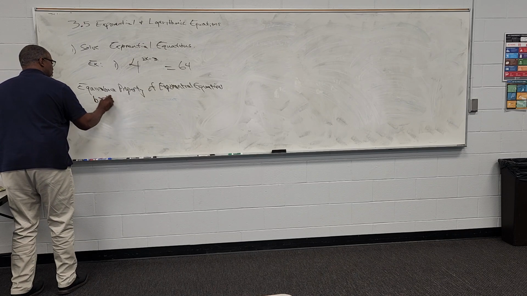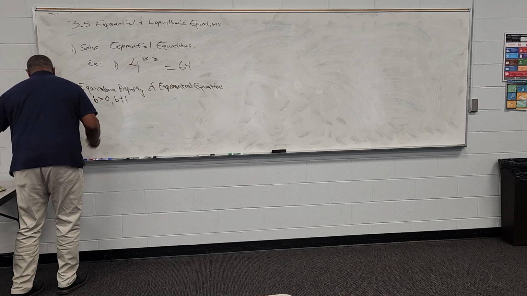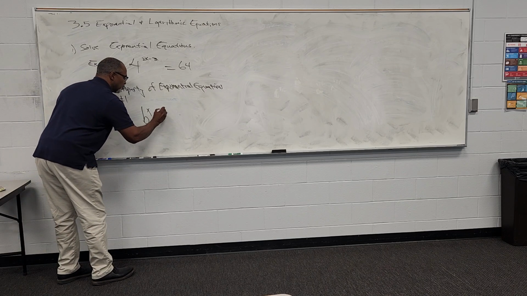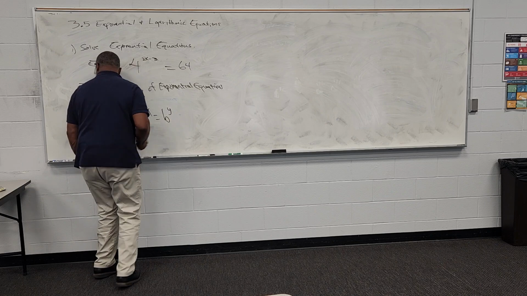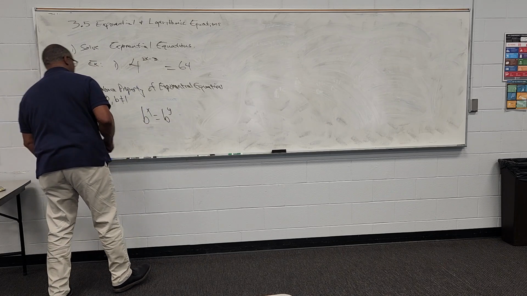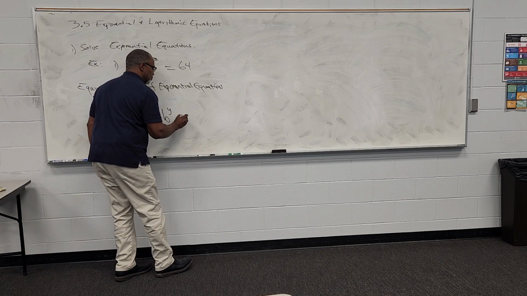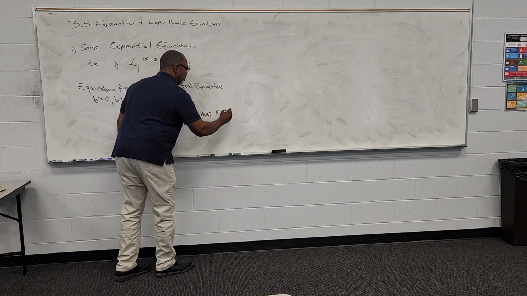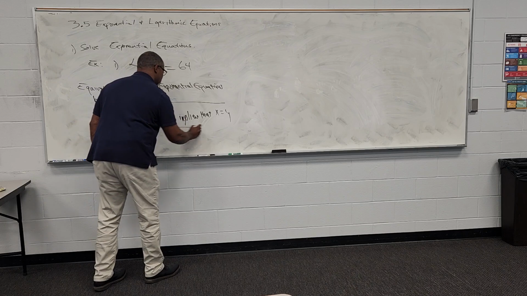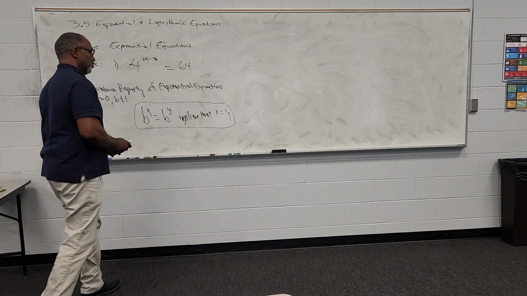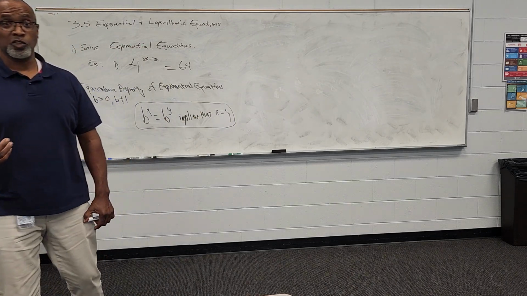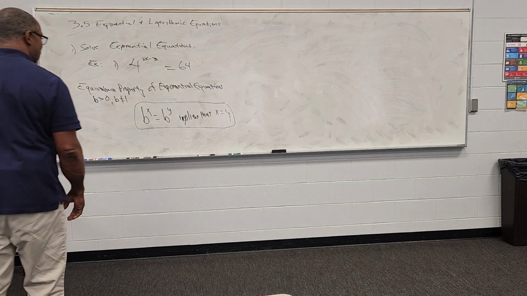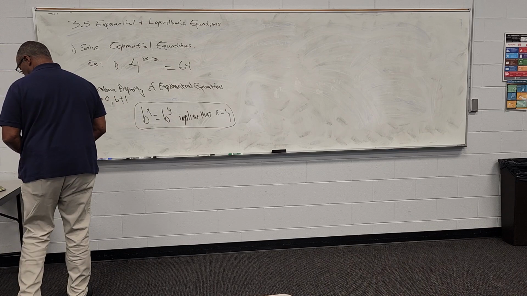The rule says b to the x equals b to the y implies that x equals y. If I've got the same base, and it's critical that b has to be the same, then x equals y.